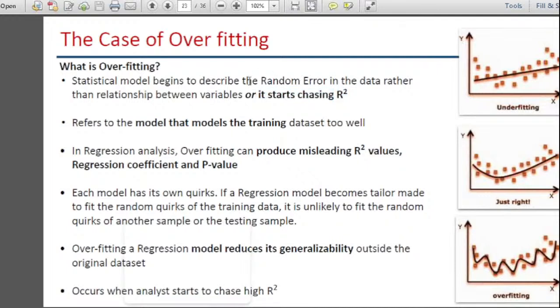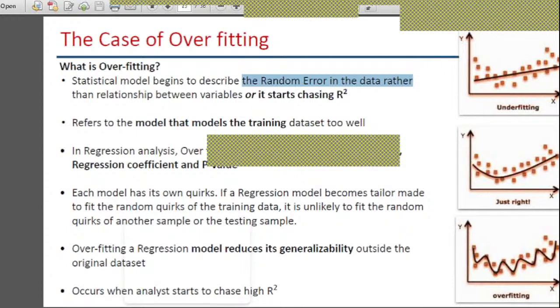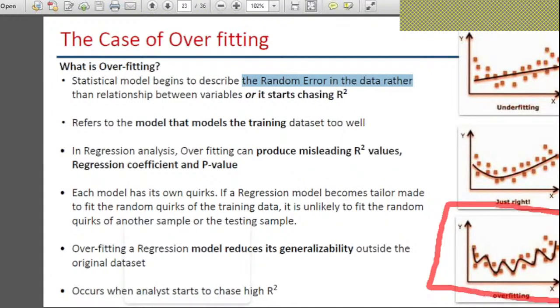Hypothetically, I'm chasing R square in my mind, bringing in more variables, doing some variation, and I come up with a model with an R square of 99.99. Very good model I have created, right?